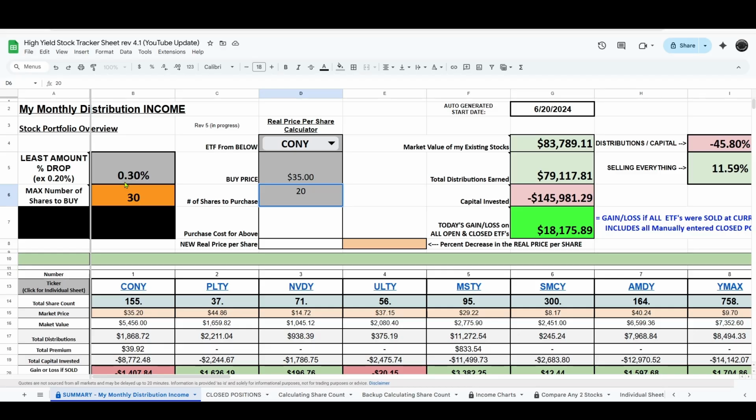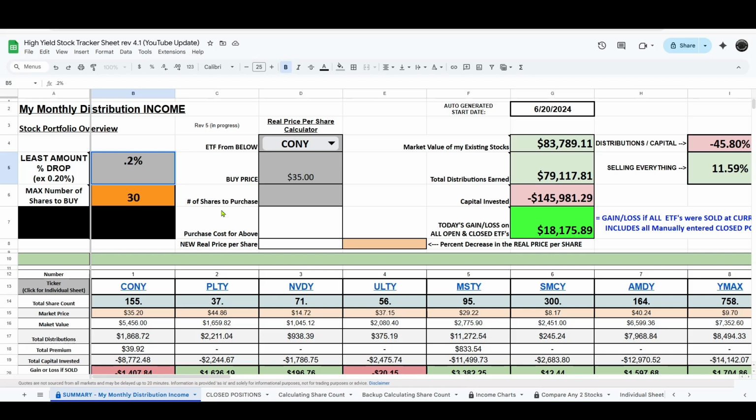In order to get about a 0.3% drop, I can go up to about 30 shares. At that point, the percentage drop between those intervals decreases from 0.3 down to, say, 0.25 and so forth. Because if I change this to, say, a 0.2, you'll notice that the number of shares that would fit within that 0.2% drop will increase.